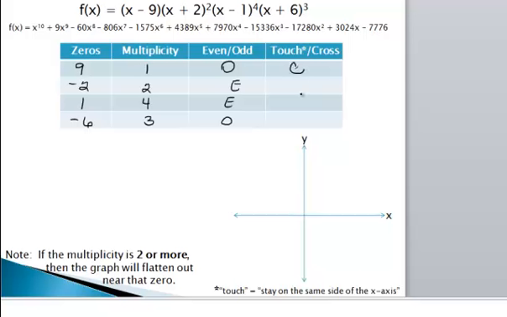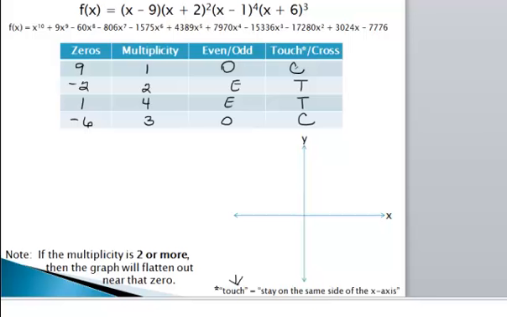Since it is odd, it will cross. Since it is even, it will touch. Odd, it will cross. Keep in mind, for the Hawkes learning system, touch, this is just my word, but for the Hawkes learning system, it means stay on the same side of the x-axis.